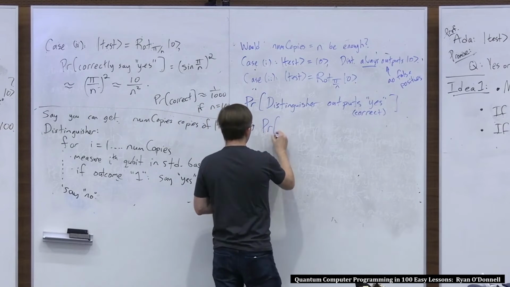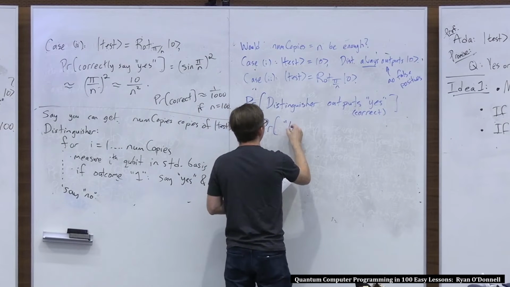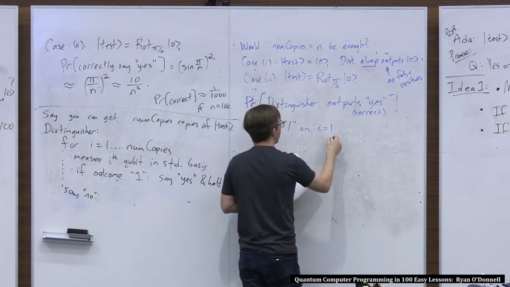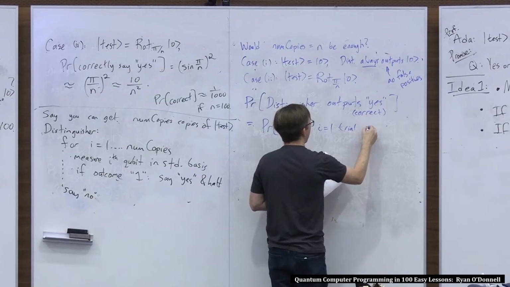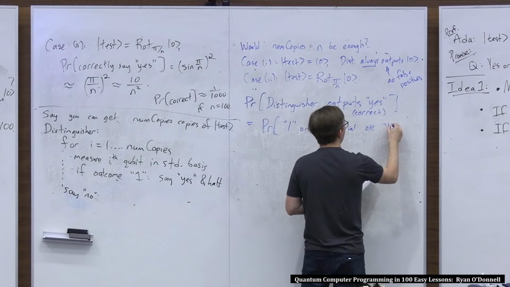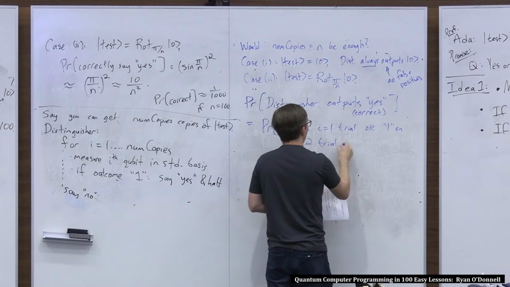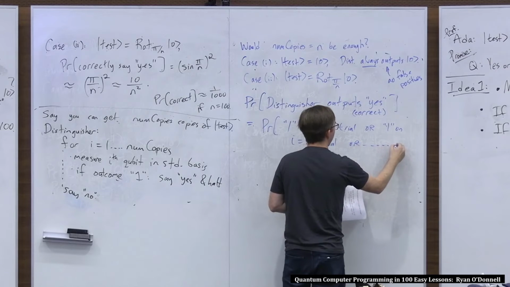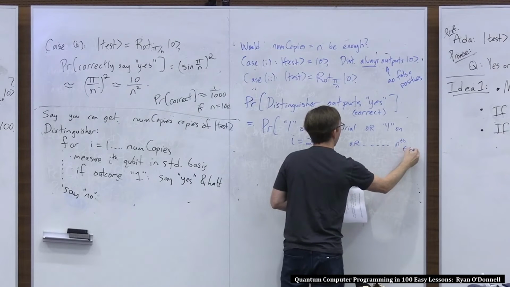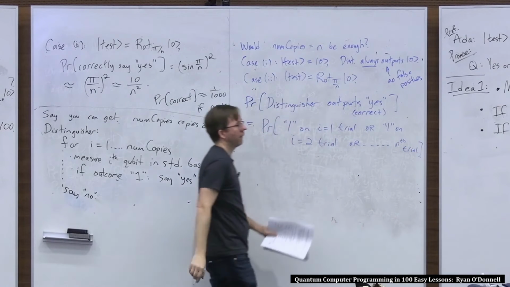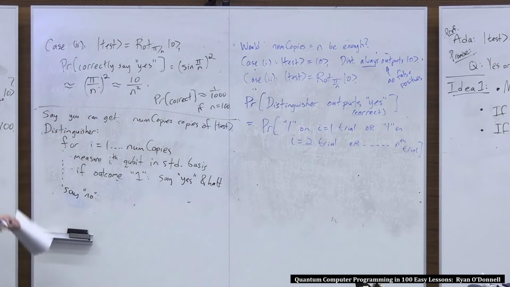So it's the probability that you see a 1 on the i equals 1 trial, or you see a 1 on the i equals 2 trial, or you see it on the nth trial. Now we have the probability of an OR of events.